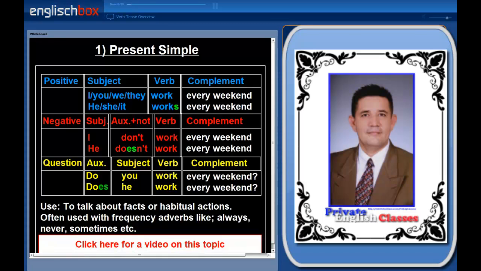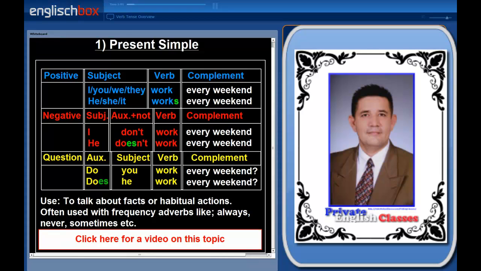We have the subject, which can be a real noun or a pronoun, such as I, you, he, she, it, we, or they, which is then followed by the verb and often a complement. The verb in third person, with he, she, or it, always has an S, unless it is a modal verb. Then we have the form in negative.